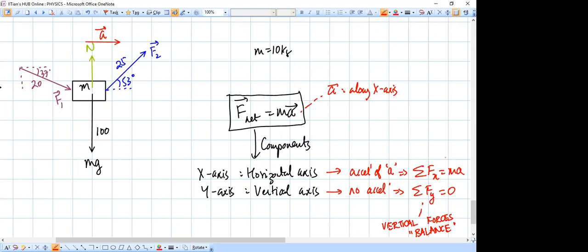Whereas the net horizontal force is equal to mass into acceleration. Okay. So are the steps clear up to this point, people?